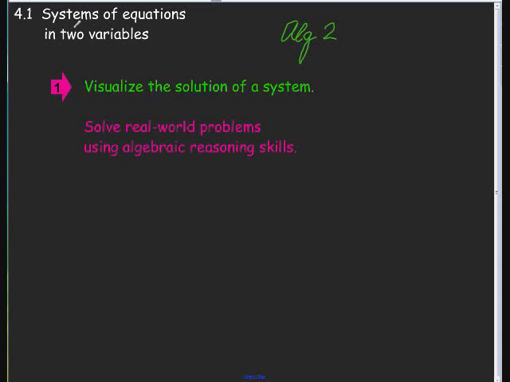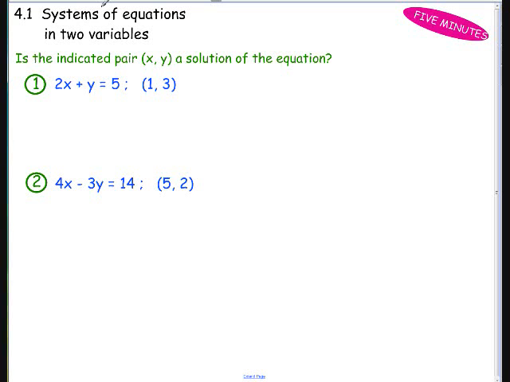Today, even though I tell you we're beginning Algebra 2, we're going to be talking about systems of equations in two variables. This is not new to you. We'll start with a little review about solutions of an equation. The question here is whether or not this pair is a solution of this equation.